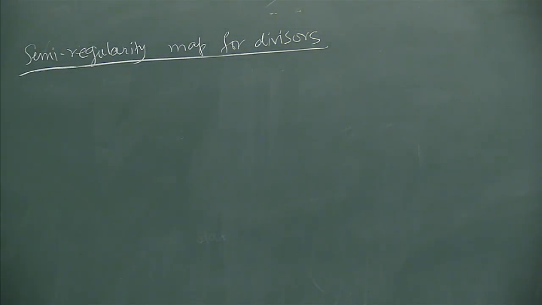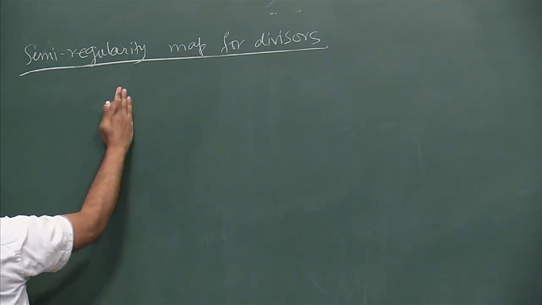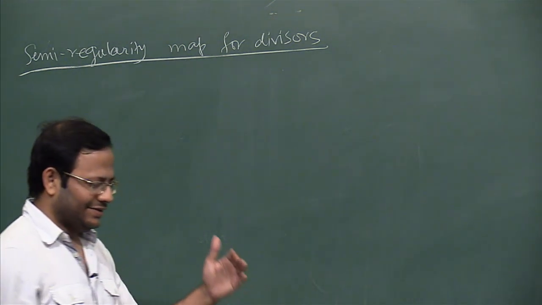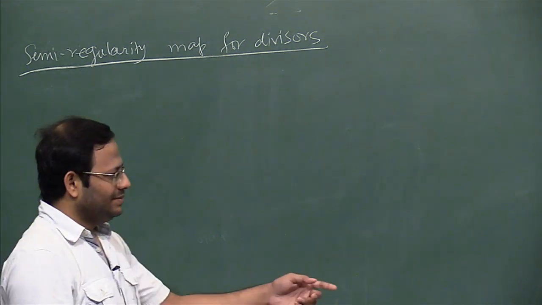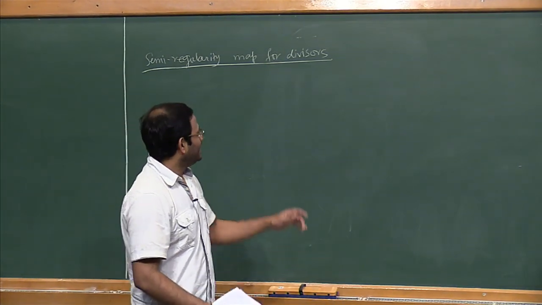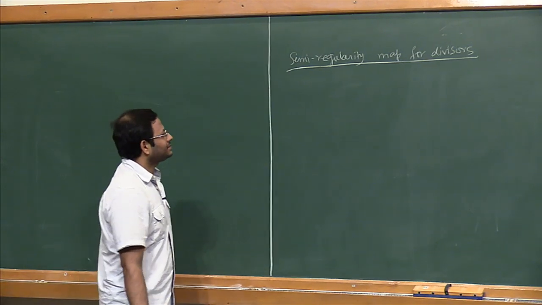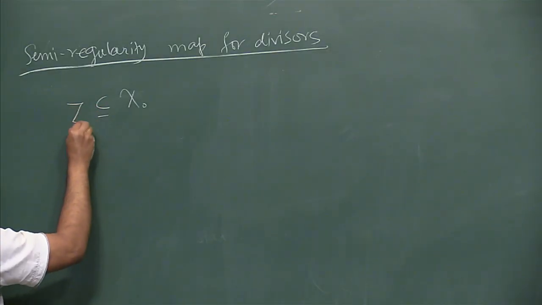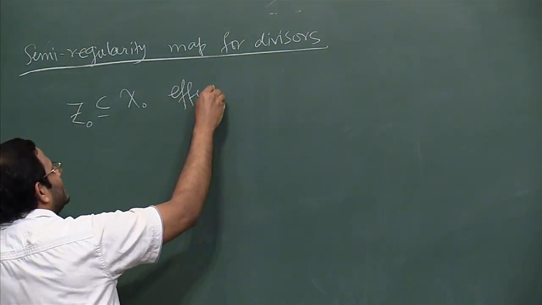This one comes from the short exact sequence. So what is the setup? My setup will always be like before. I have a family of smooth projective varieties, and I take a base point in B, and I look at the fiber over that point, and here I am looking at a divisor in that variety, say an effective one.